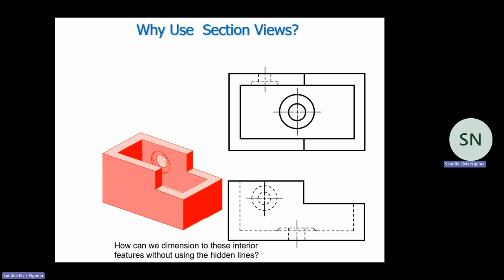So what I did here is that I've created a drawing in 3D to demonstrate what is happening in an actual 3D, yet we need to express that in 2D, which is the third angle orthographic projection in this particular case.